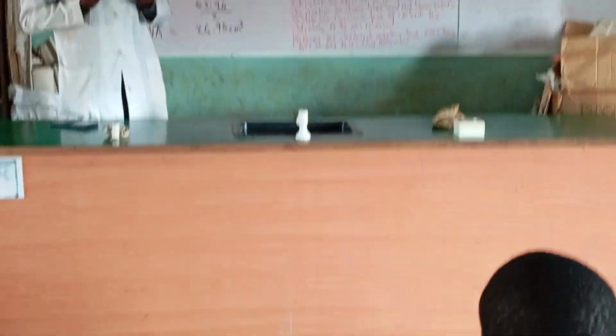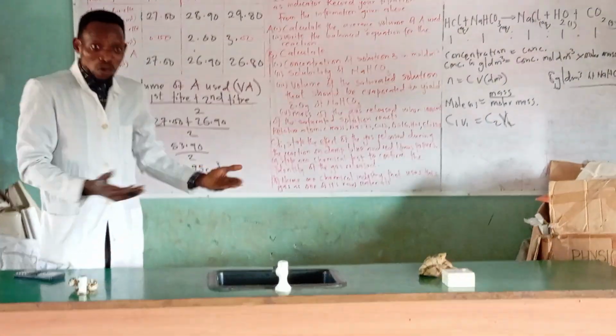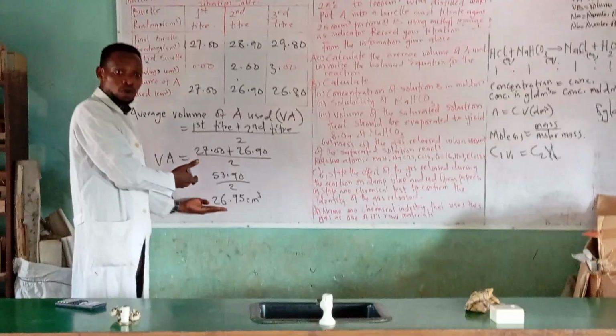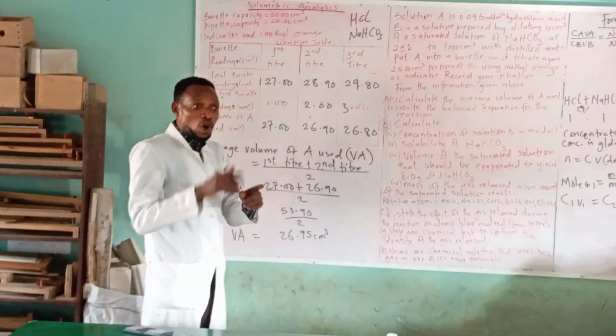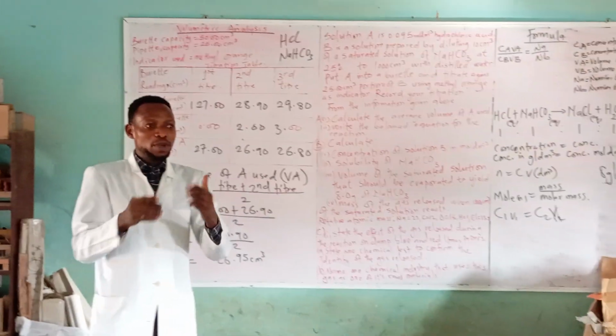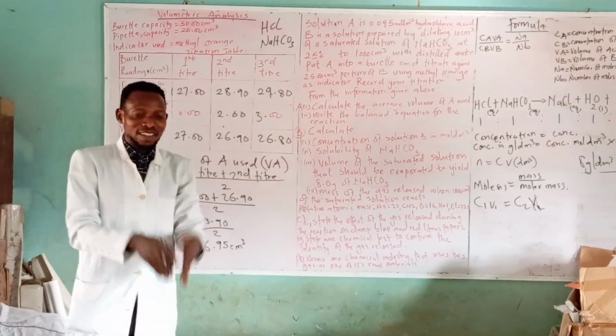Now when you are done with this, your own titer value must correspond with the titer value of your chemistry teacher in your school. So for my students, their titer value will correspond with my own titer value. And for your own titer value, let it correspond with your teacher's titer value.